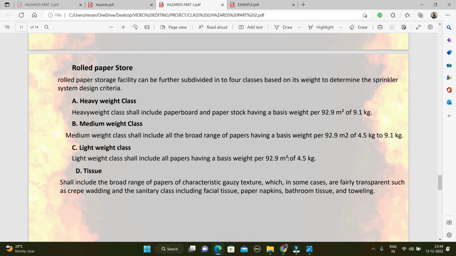But if in the same area the weight is 4.5 kg or less, then we will consider it as lightweight class.